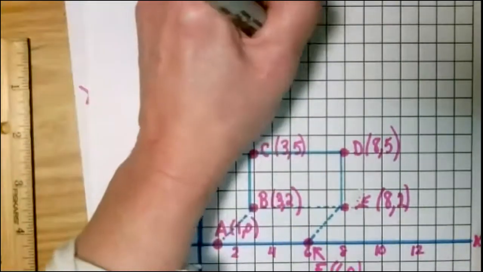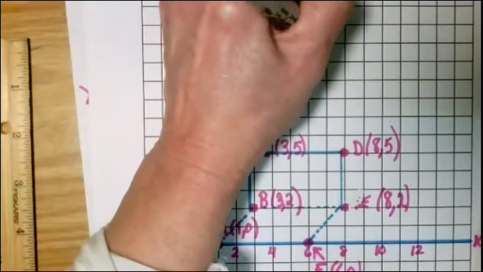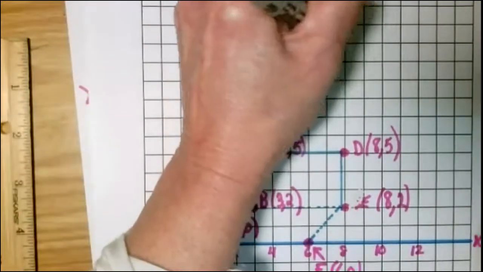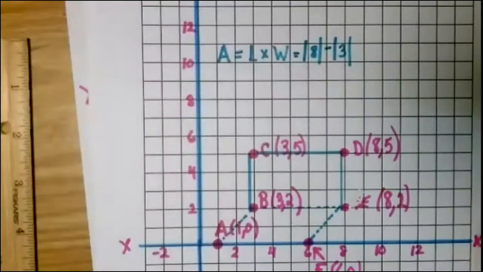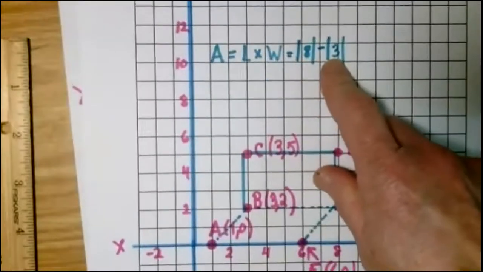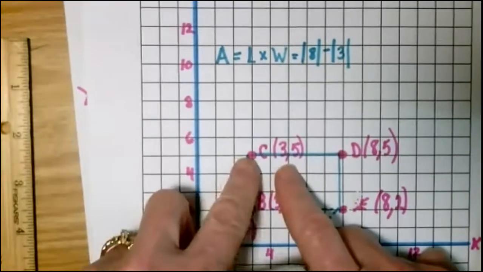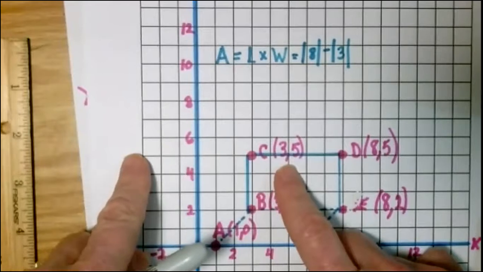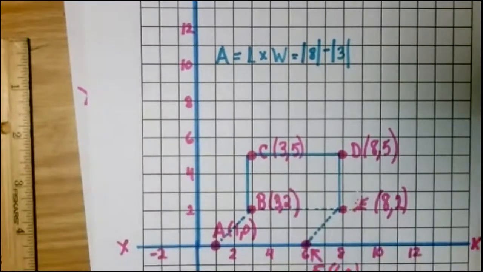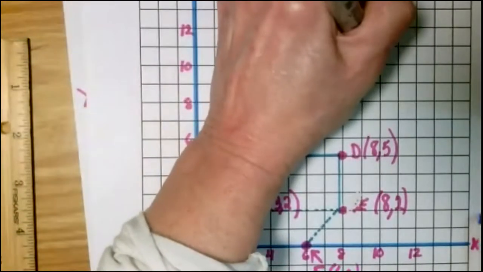To figure that out, we take the absolute value of 8 minus the absolute value of 3. And why do we subtract the absolute values? Because we're in the same quadrant. If one of the points was over on the other side of the y-axis, then we would have to add the absolute values. But because they're in the same quadrant, we subtract, and we get 5.